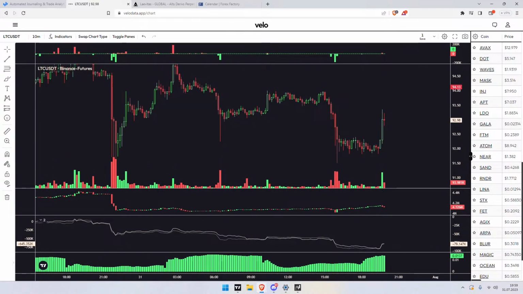Someone asking about pair trading. Well, we explained this a little bit throughout the stream. Like I said, I never really pair traded much. The general idea is that you have a coin that is going up and a coin that is going down, and you short this one and long this one, assuming that these coins have almost a 1-to-1 correlation, and you are betting on the fact that they will go back to the mean.